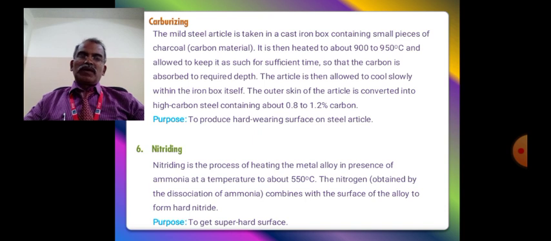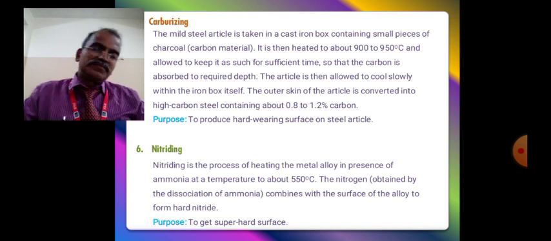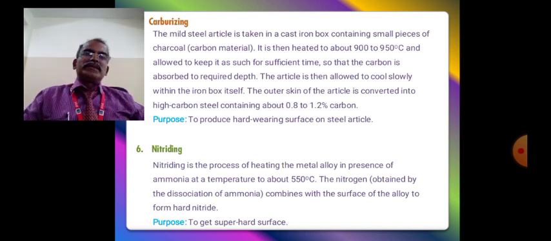And the fifth process, carburizing. When a mild steel article is heated with carbon, it is called the carburizing process. The article is heated with small pieces of charcoal, and the heating temperature is 900 to 950 degrees centigrade.